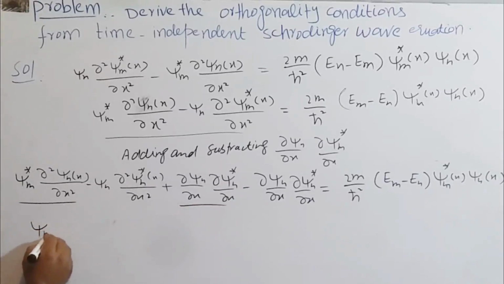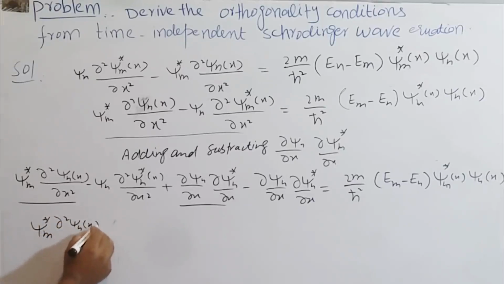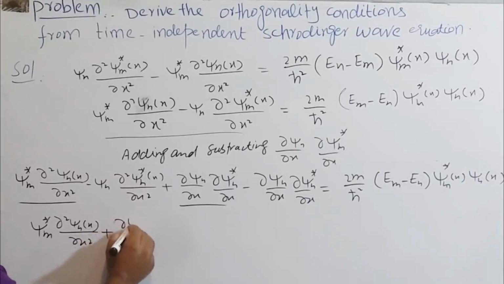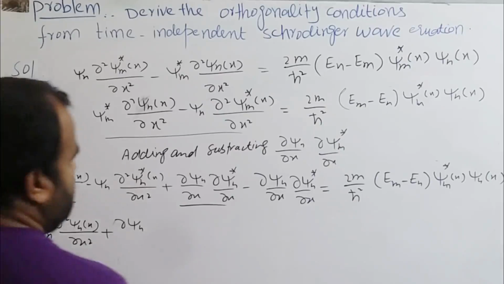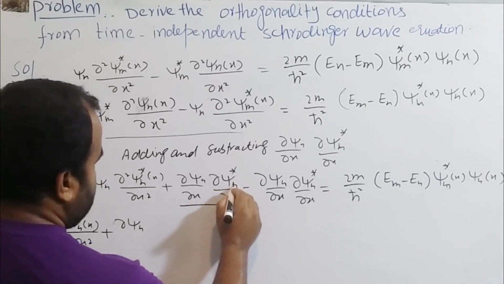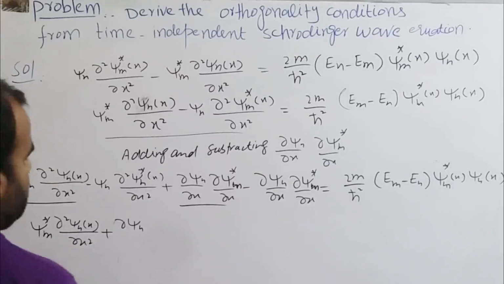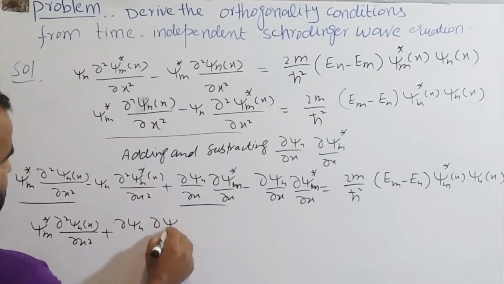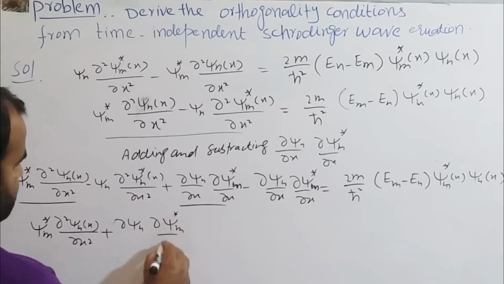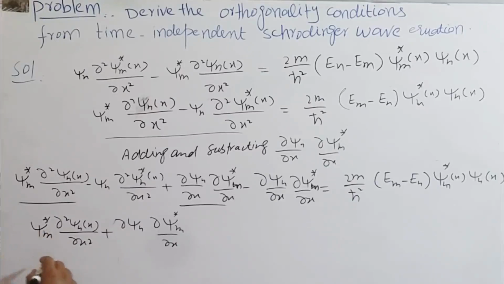It is ψm* ∂²ψn of x divided by ∂x² plus ∂ψn and ∂ψm*, divided by ∂x, ∂x. Okay.